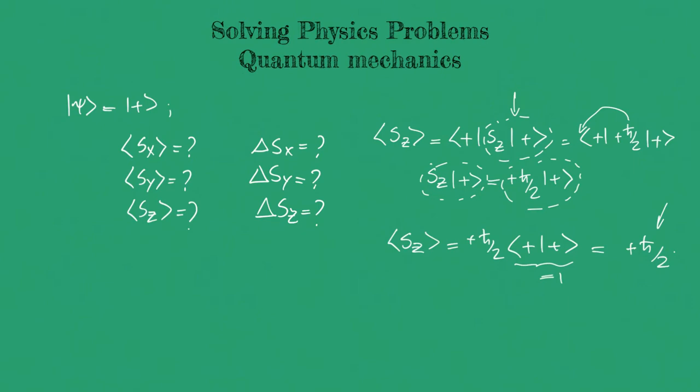I'll now calculate the expectation value of the operator Sx, following the same definition used before, bra plus Sx ket plus. I write here the ket plus in terms of the eigenstates of the operator Sx, because if I don't do this, I cannot predict what will be the result of Sx acting upon the ket plus.